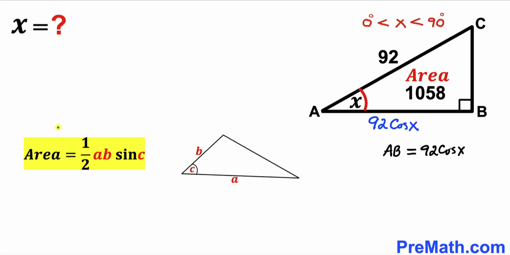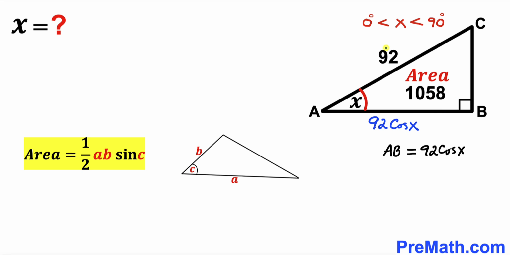Now let's recall the area of a triangle formula once again: area equals a half times a times b times sine of angle C, where a and b are the sides and C is the angle in between them. In our case, the area of this triangle has been given as 1058 square units.